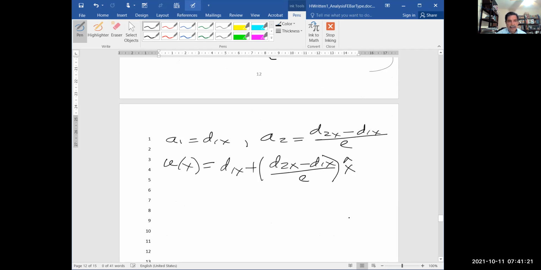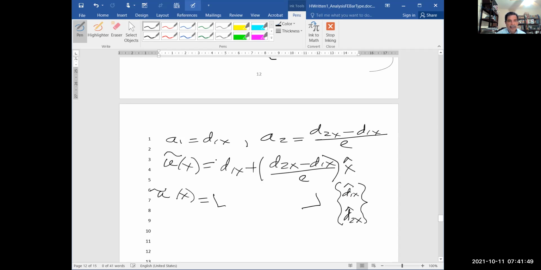Now, this is an approximation. What we do is we express this as a product of one row times one column. And here, I'm going to put D1x and D2x. Remember, these two are the unknowns right now.